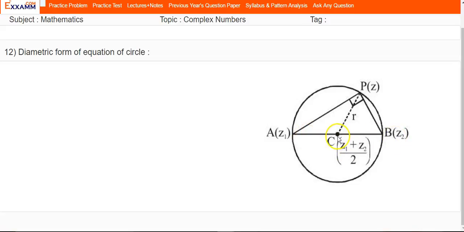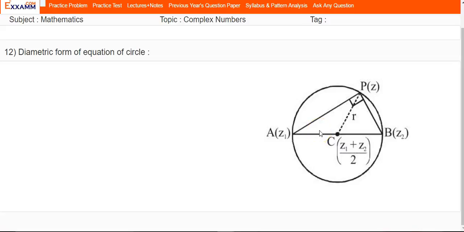Now what would be the center of this circle? Center would be (z1 plus z2) by 2, because AC is half of AB and C is the middle point of A and B. Now we can find the equation using 3 different methods. We will get 3 different formulations, but when we solve them, the equation would be the same.